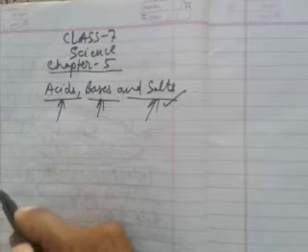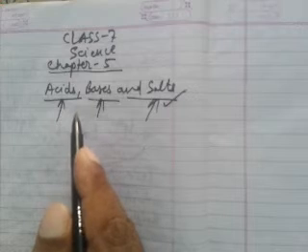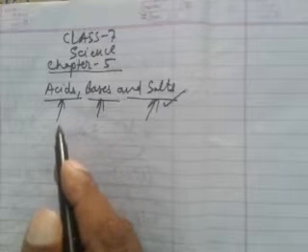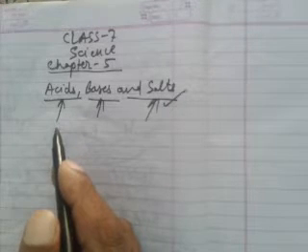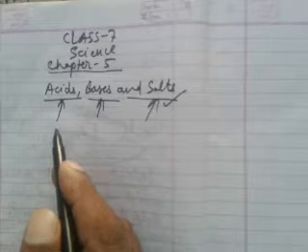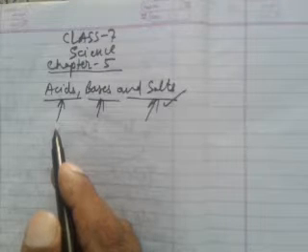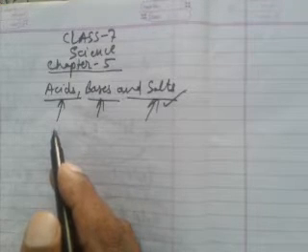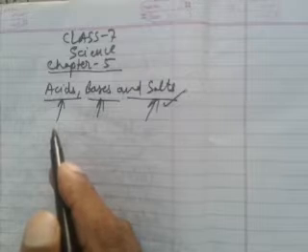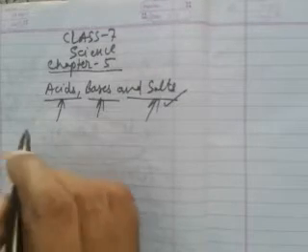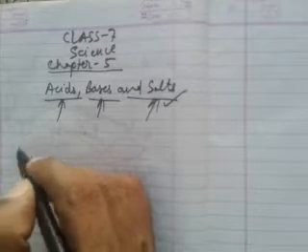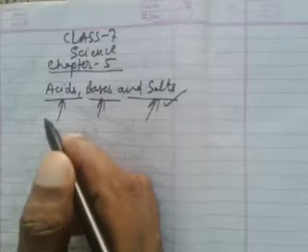But before starting this topic, we use some dyes or chemicals to test whether a given substance is an acid or base. And these dyes or chemicals are called indicators.